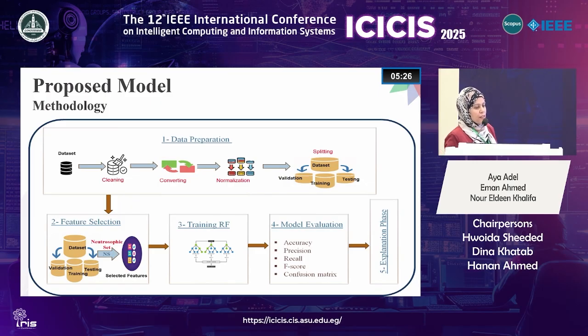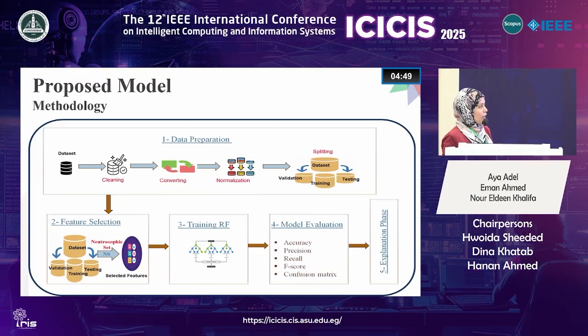The methodology: our proposed model has 5 phases. Firstly, data preparation to solve the challenges of the dataset. Secondly, we pass to feature selection using a neutrosophic set based on calculating the truth, the falsity and the indeterminacy, then combine all of them to get a score and get the more relevant, informative features.